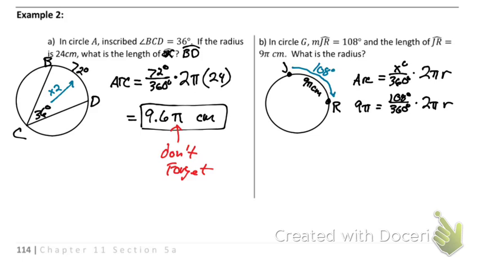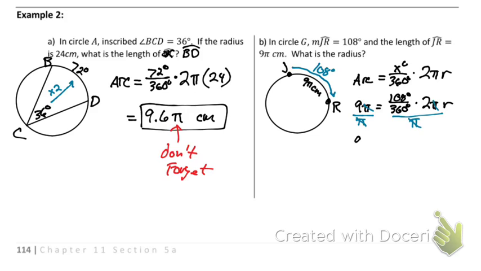So what I would do in this case, there's multiple ways to solve for r. We just need to get r by itself. Note that your pi's are going to cancel out. So in your head, you should be thinking, okay, I would divide by pi from both sides. The pi's would cancel out.